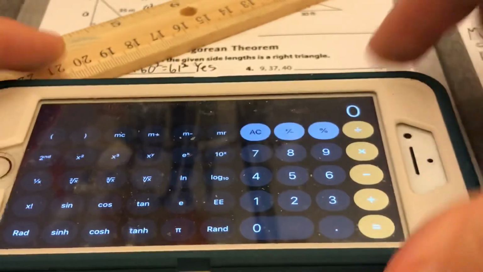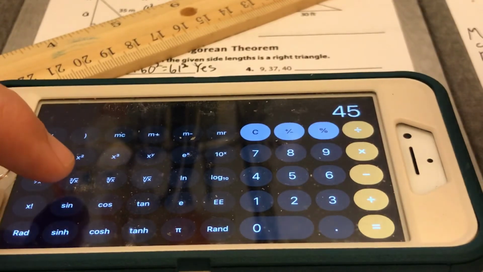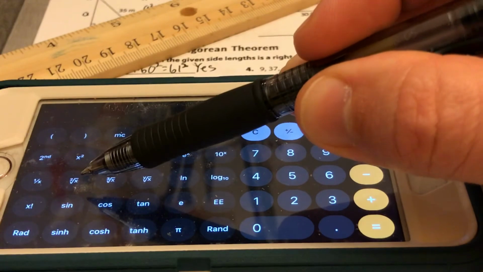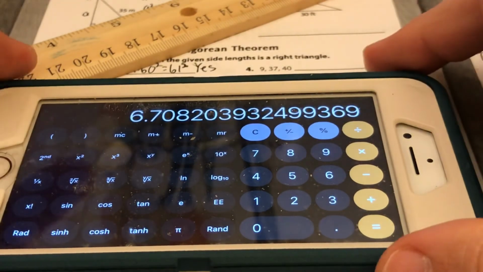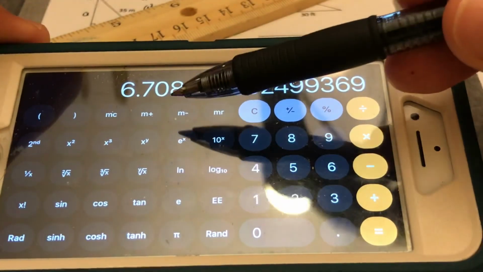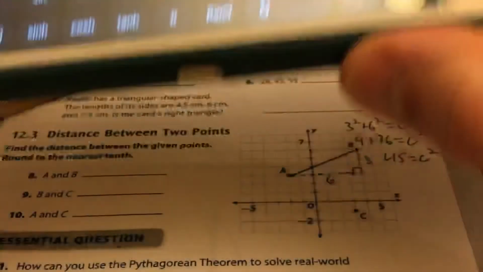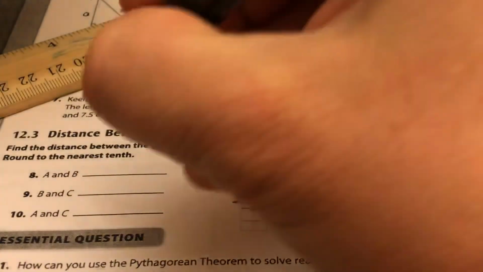Okay, so we're going to use our calculator again, as we're going to press 45. Then we have to use the square root key. Remember, it's this little key right there that has a square root sign and a little 2 by it. It's going to be about 6.7. That's 6.70. That 0 is not going to round that digit up, so we can just round it to the nearest tenth, and so we can just leave that as 6.7.